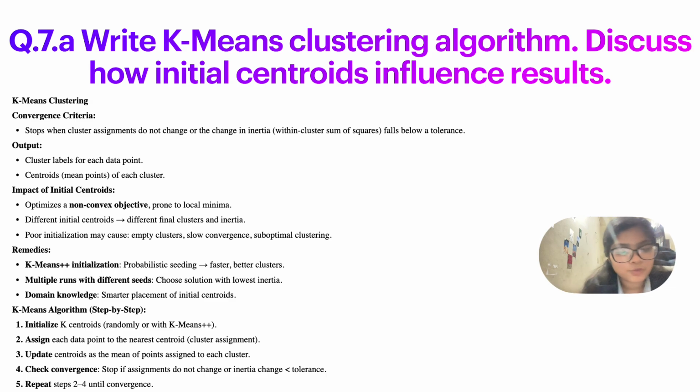It was my bad, sorry. Okay, so we calculate the mean of points assigned to each cluster, and on the basis of that we choose the centroid, and we see if it converges or not. If it does not change that much, then we stop. Otherwise we repeat assignment.